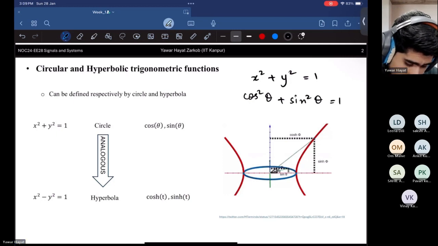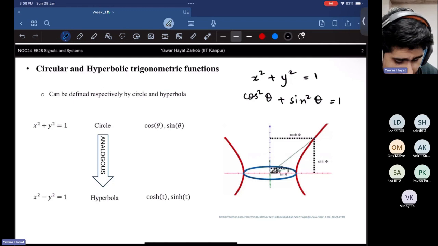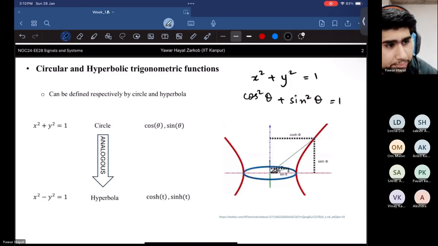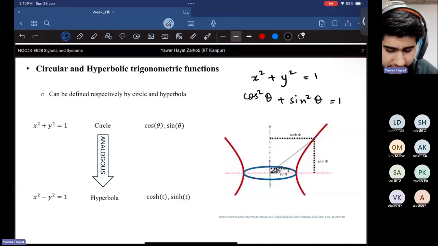So it can be seen that cos theta and sine theta readily satisfy the equation of the circle, right? So we can say that the points cos theta, sine theta form a circle with a unit radius, right?